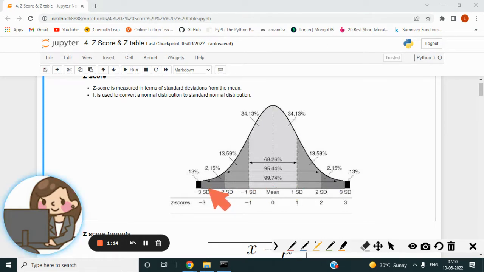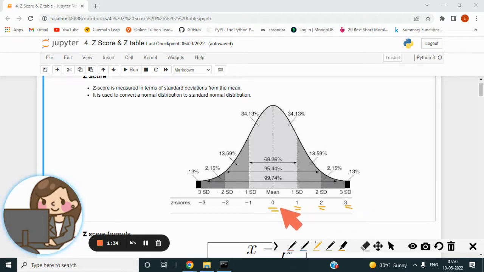Now, in order to convert this Gaussian curve to a standard normal distribution, we'll consider that the mean is equal to 0. If the mean is 0, then the first standard deviation will be 1, the second standard deviation 2, the third standard deviation will be 3.